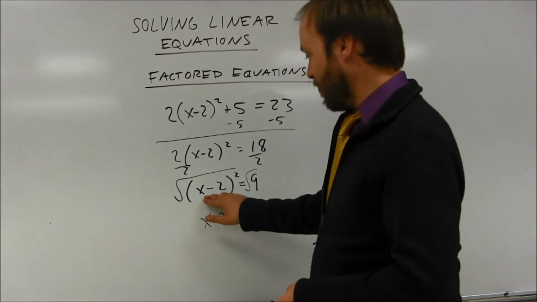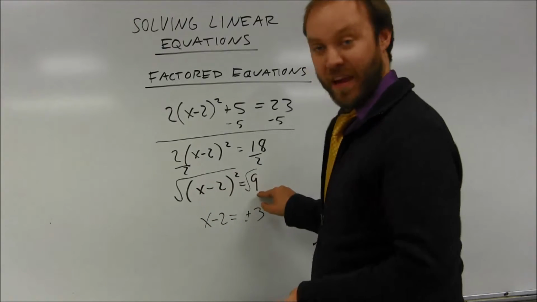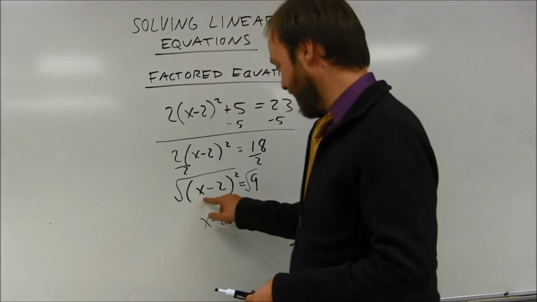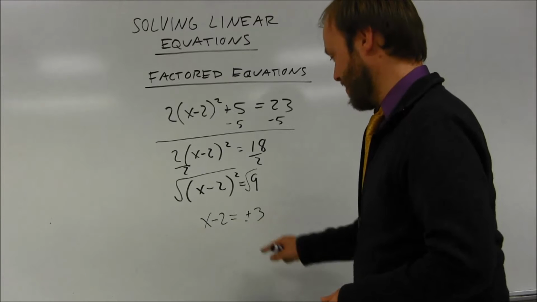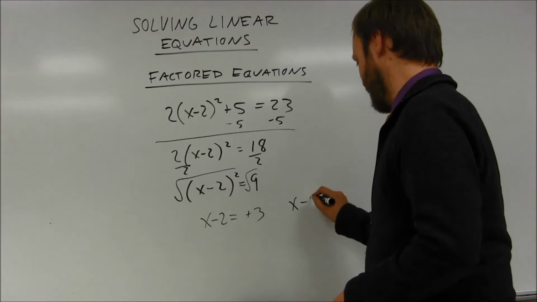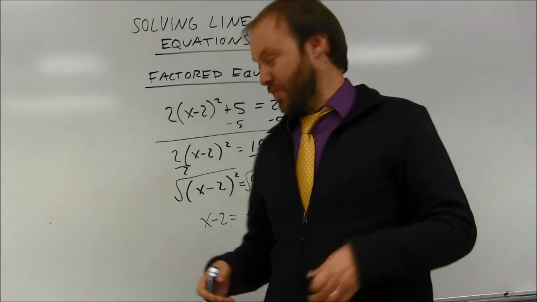In other words, whatever was in here that was getting squared could have worked out to be a 3, and when it got squared it gave me 9, or it could have worked out to be a negative 3, and when I squared negative 3, I get an answer of 9. So you can set up those 2 equations: x minus 2 equals positive 3, and x minus 2 equals negative 3. You should be able to get your 2 answers really easily.